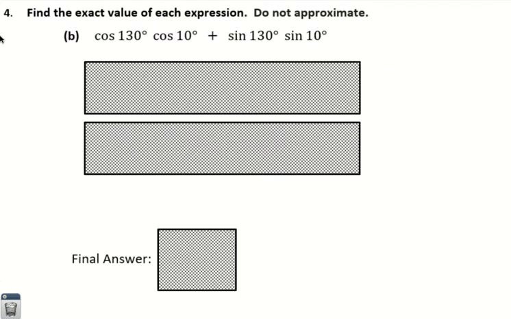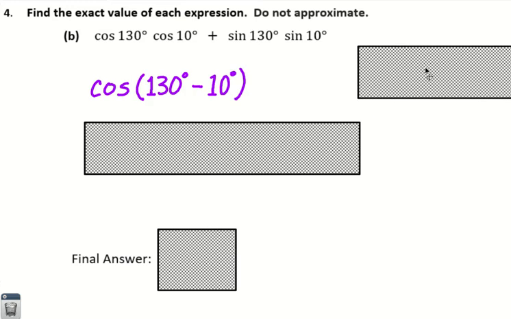Example B. Again, you need to train yourself and be ready for the fact that you might have to look at the entire thing here as switchable according to one of your formulas. So, I mean, look at your sum and difference formulas. Cosine, cosine plus sine, sine.